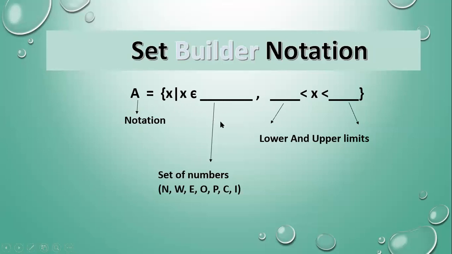Here we have to mention which set is given to you: either natural, whole, even, odd, prime, composite or integer. Then a comma, and then we write the lower and upper limits.